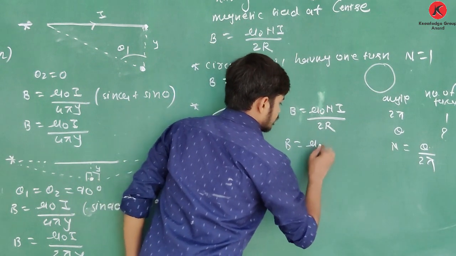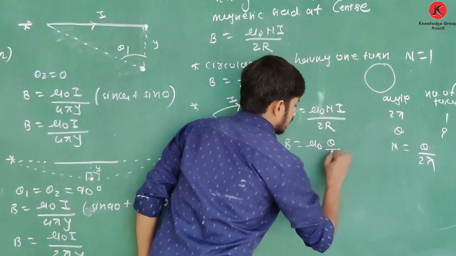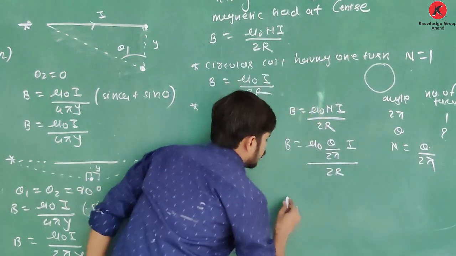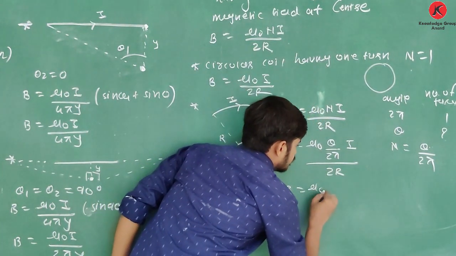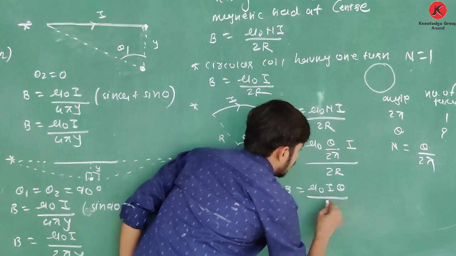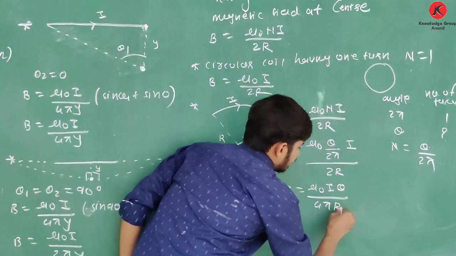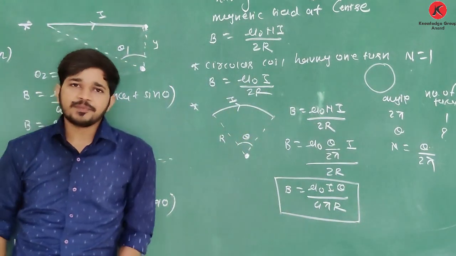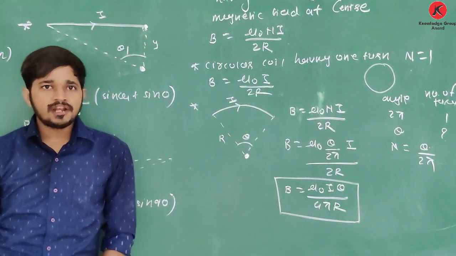So B is equal to mu 0, theta upon 2 pi, I upon 2r. So you will get B is equal to mu 0 I theta upon 4 pi r. It is an equation that you have to remember.